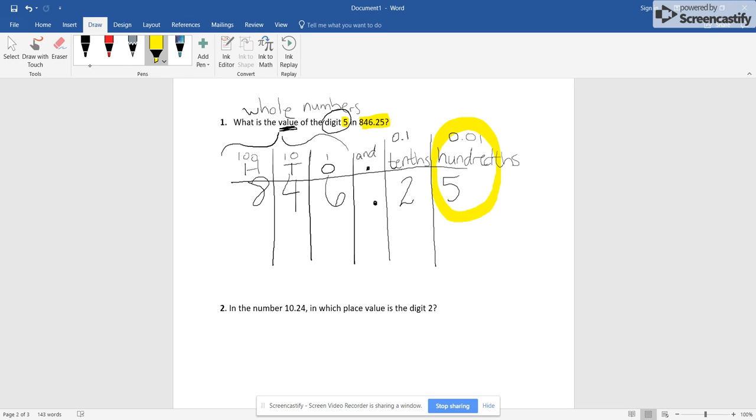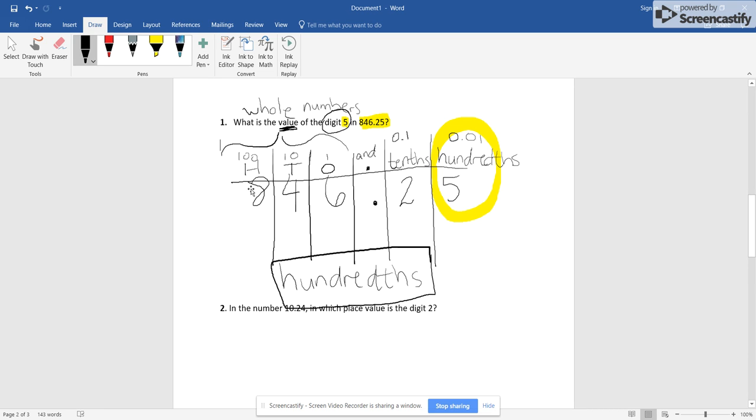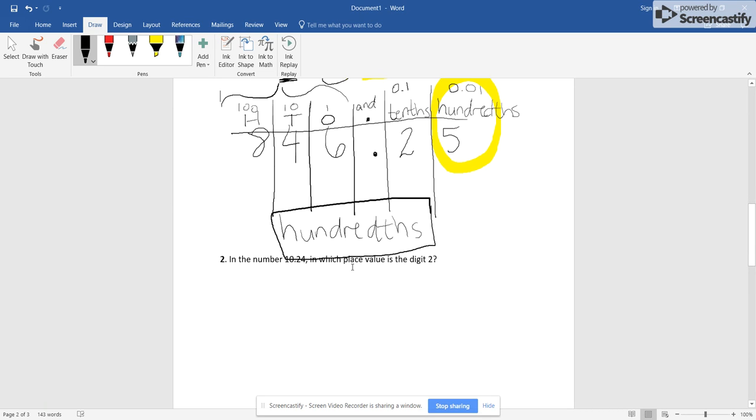So the value of the 5 is hundredths, because it's in the hundredths place. This is my answer. The value of the 5 is hundredths.